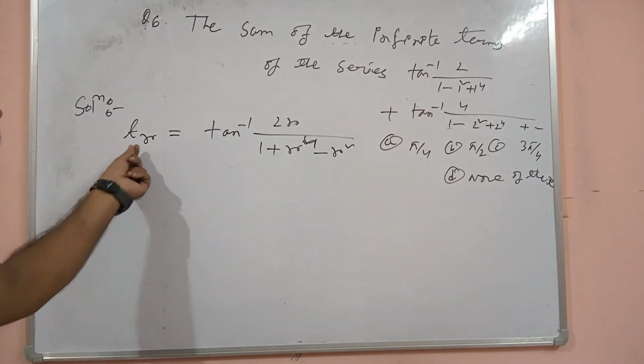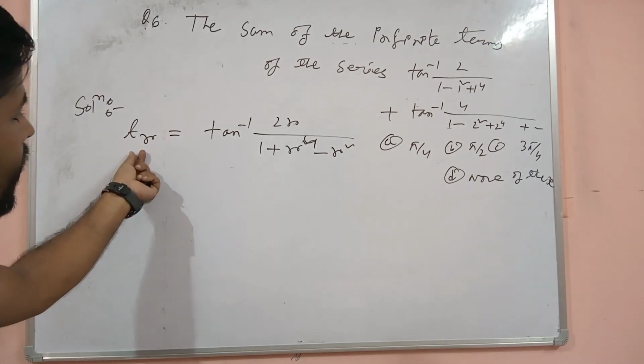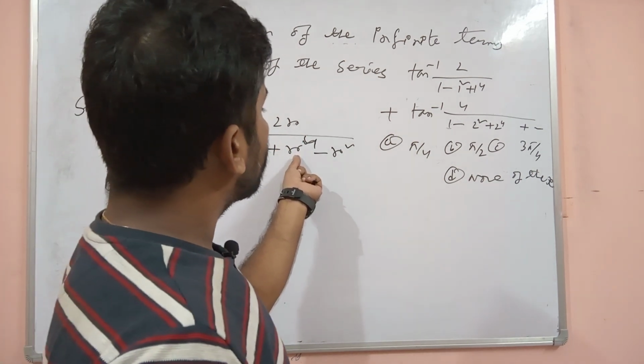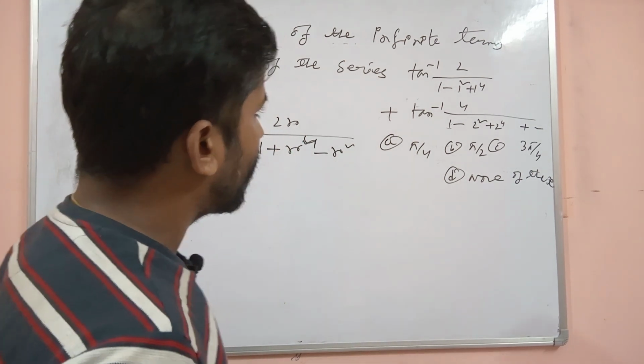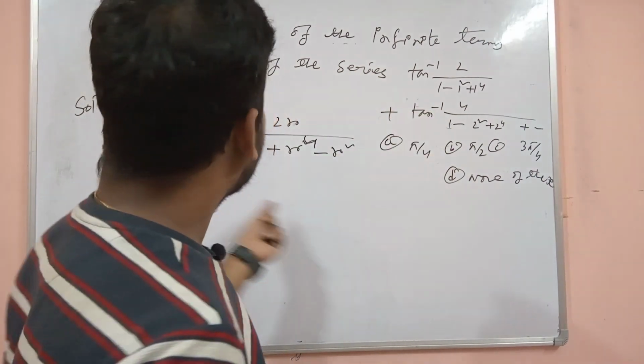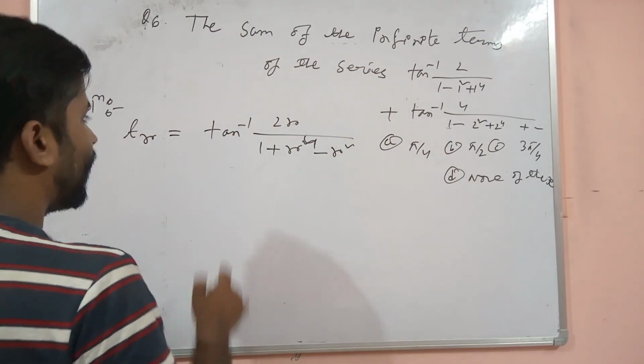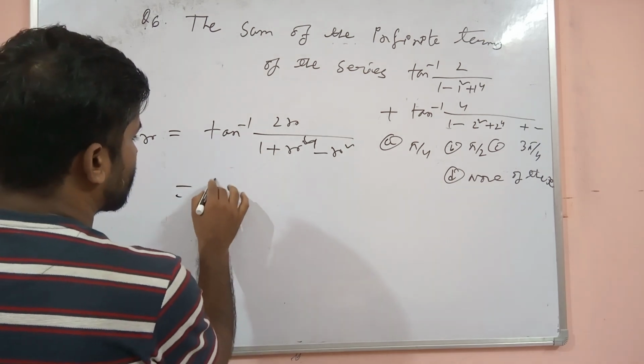Okay, if r is 1, it is tan inverse 2 by 1 plus 1 to the power 4 minus 1 square. So it is the first term. If r is 2, then it is the second term. So its general term, that is the rth term, would be this.